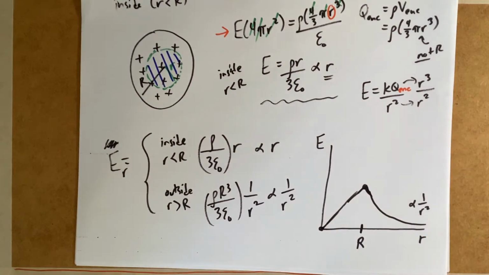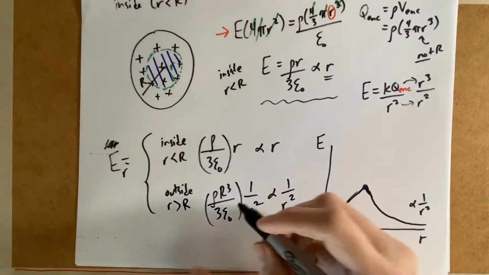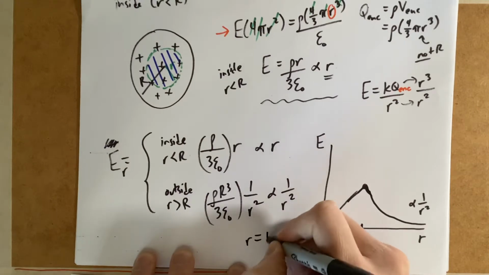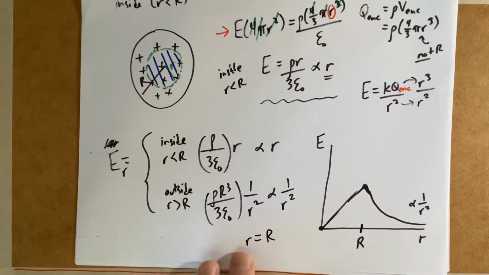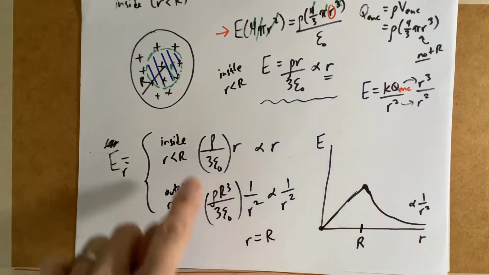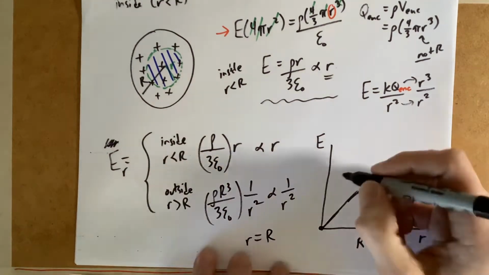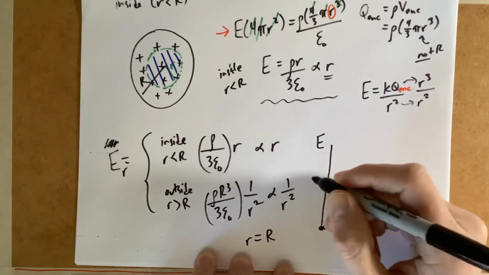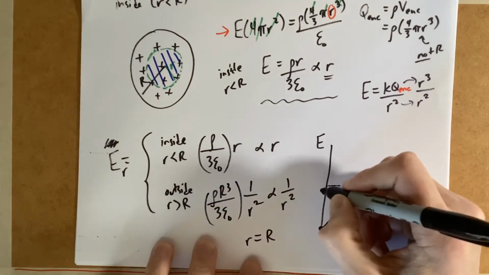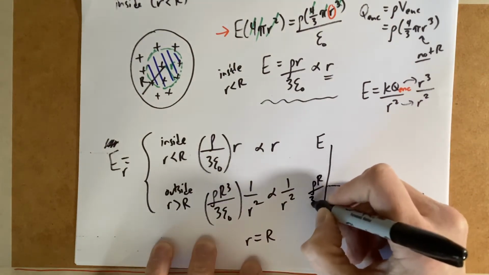So it exactly connects. If you plug in r equals big R, so that you put your Gaussian surface right at the surface, I'll let you confirm that both of these formulas will give the same result, which is the maximum electric field, rho big R over 3 epsilon naught.